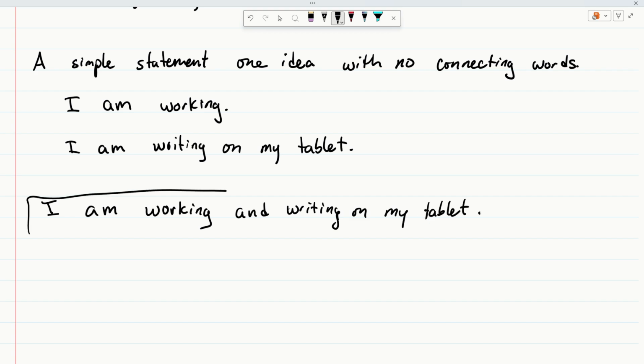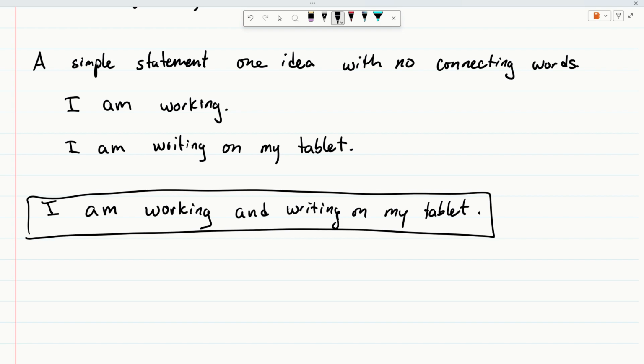Well, now, this is what we call a compound statement. And the reason why we call this a compound statement is because of that word right there, the word and, because it's combining two simple statements together.